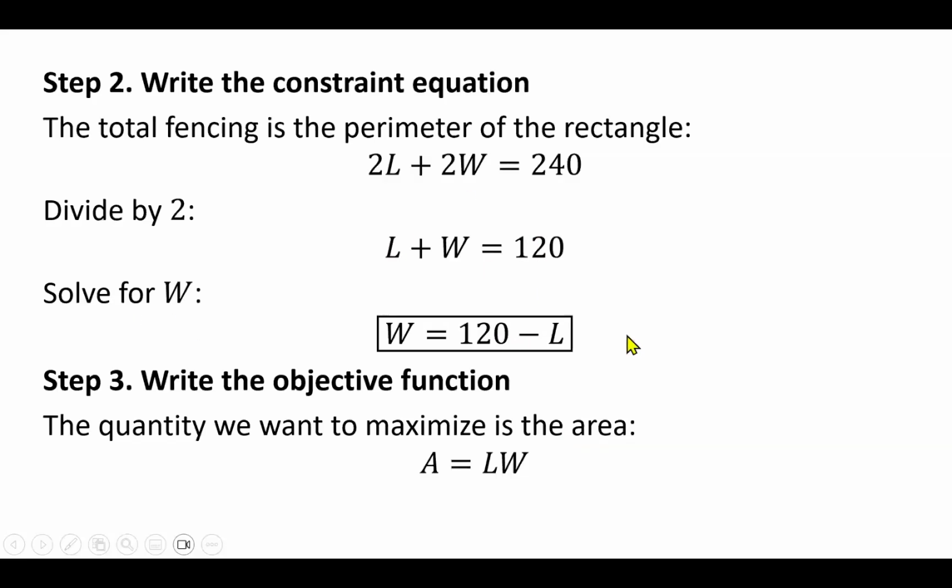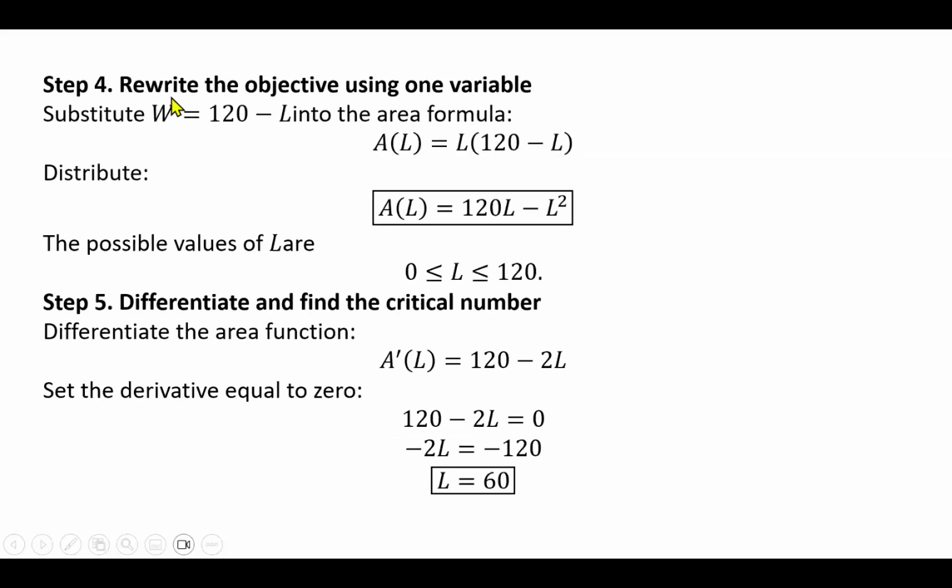And my objective function is what I want to maximize or minimize. Since I want to find the largest area that I can create with these 240 meters of fencing, my formula is going to be the area of a rectangle, which is L times W. But this has two variables, so I can now rewrite it by substituting the W. If I substitute the W, I get L times (120 minus L), which becomes a quadratic equation.